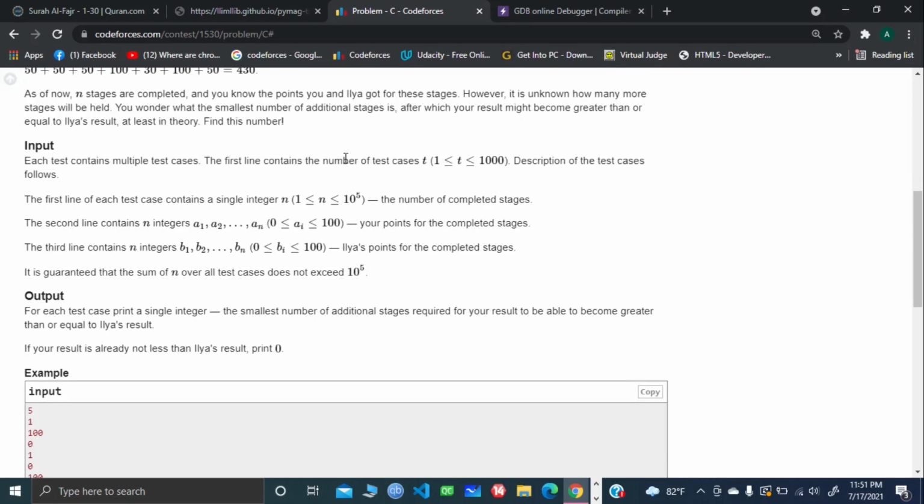Now, the input is going to be T, the test cases, and N, the number of completed stages. And initially, if your points are already greater than or equal to your friend's points, then the answer will definitely be 0 because you're not adding additional stages.